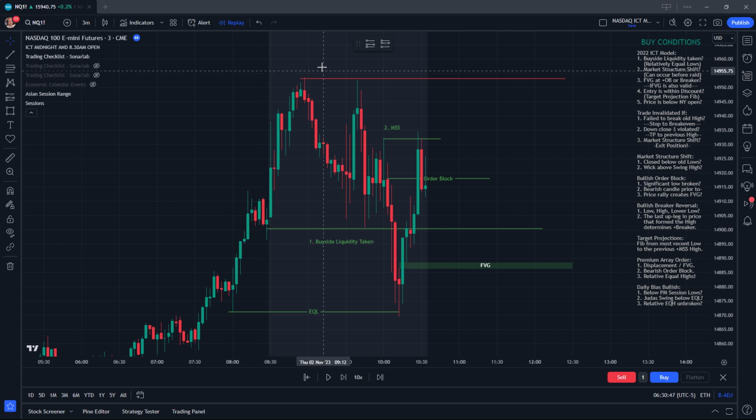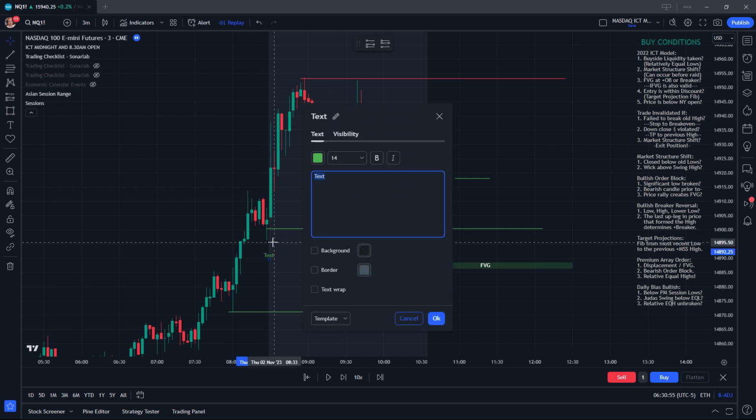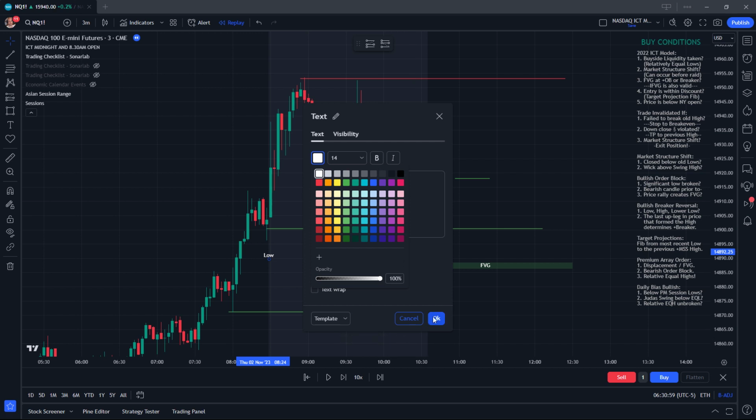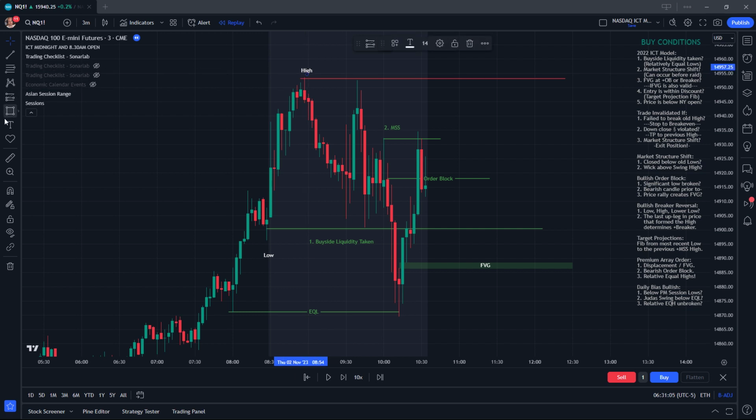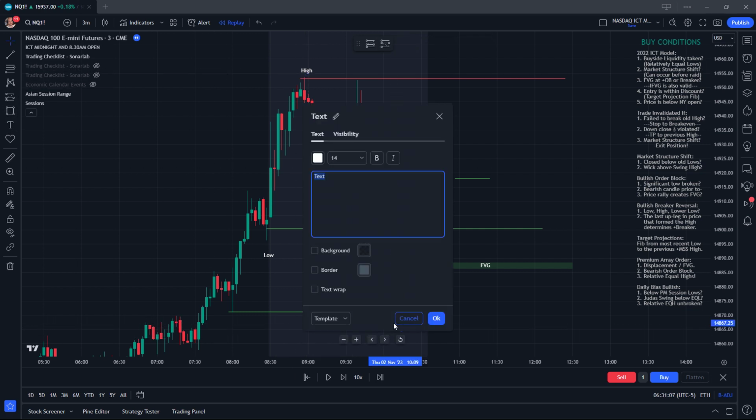So we have a low, a high, a lower low here. Let's actually mark this up as well: low, high, lower low here.